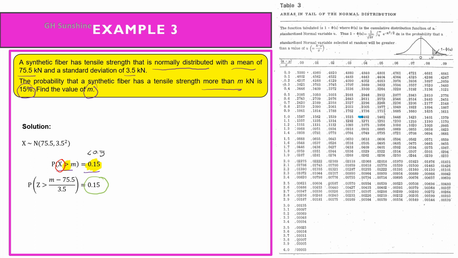Here, 0.1492. So where is the value of the unknown? 1.04. Positive value. Next step, solve the equation to find the value of m. Therefore, m equal to 79.14 kN. So is it the correct answer?